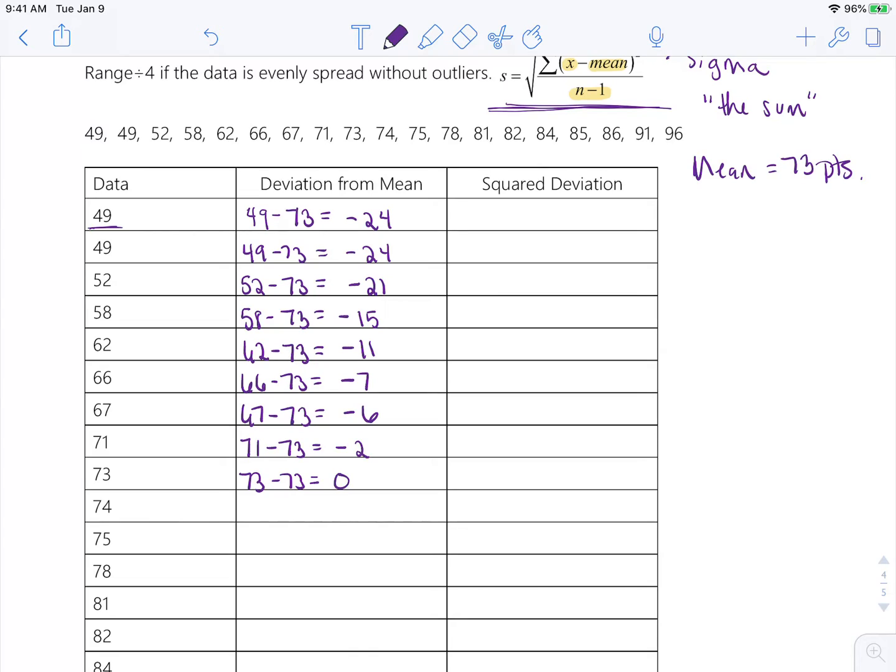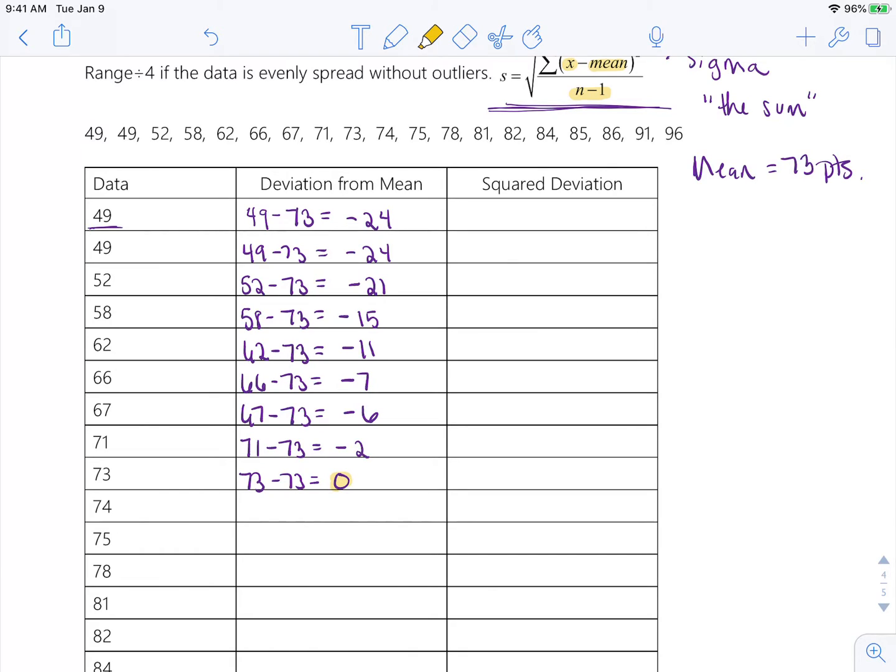So let's make sense of that. Remember, we haven't found the standard deviation quite yet, but this column is just the deviation from the mean, how far away we are from the average. And it makes sense if our data is 73 and it's the same as our mean, we're 0, right?